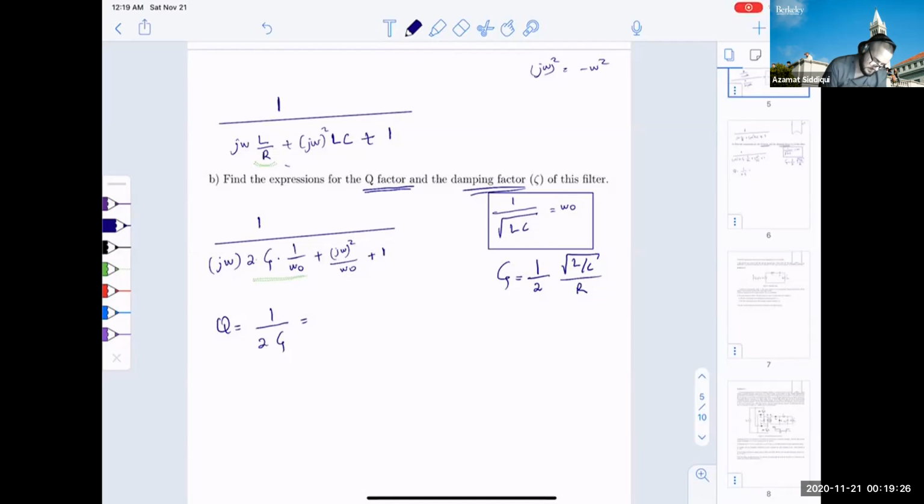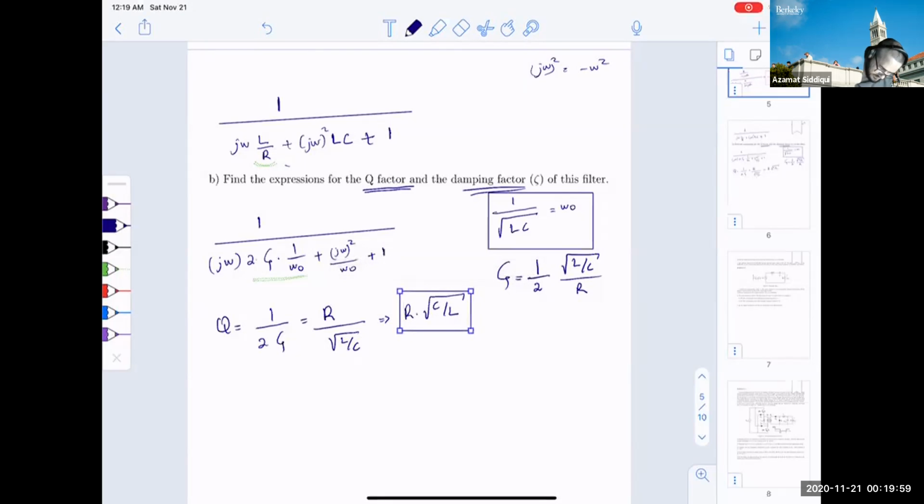So 1 over psi. Now you do know that the 2's will cancel out, 2 times 1/2 cancels out, and then what I'm going to have is R divided by square root of L over C. We could write it down as R times square root of C over L.